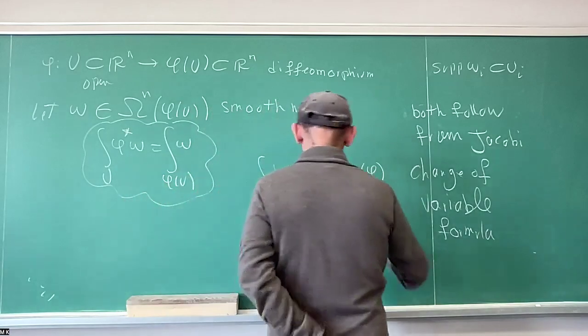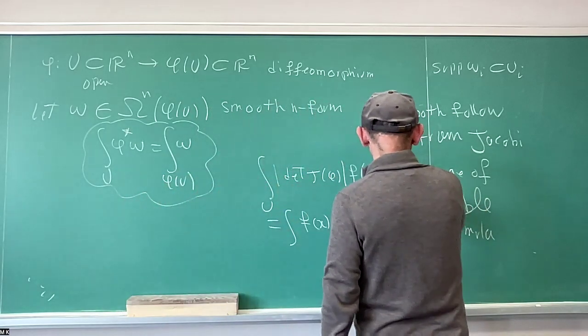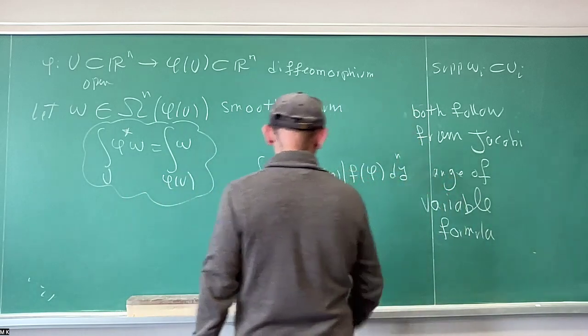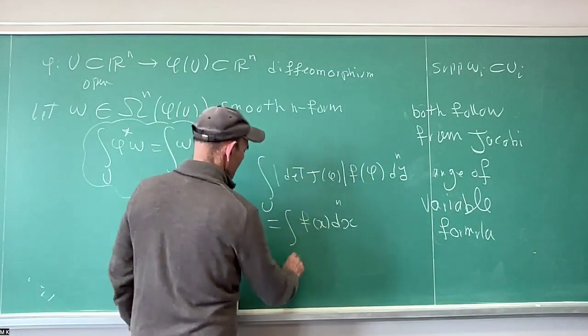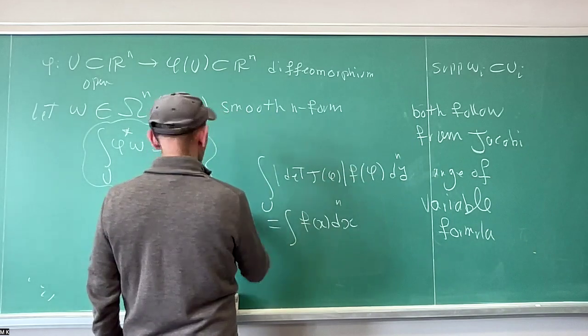Okay, so here maybe, I don't know, maybe the n of y is equal to the n of x. Ah, yes. Over U.